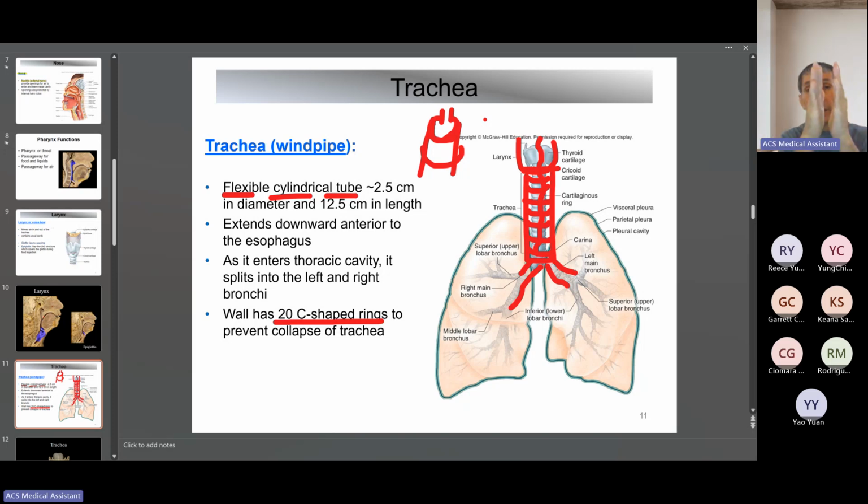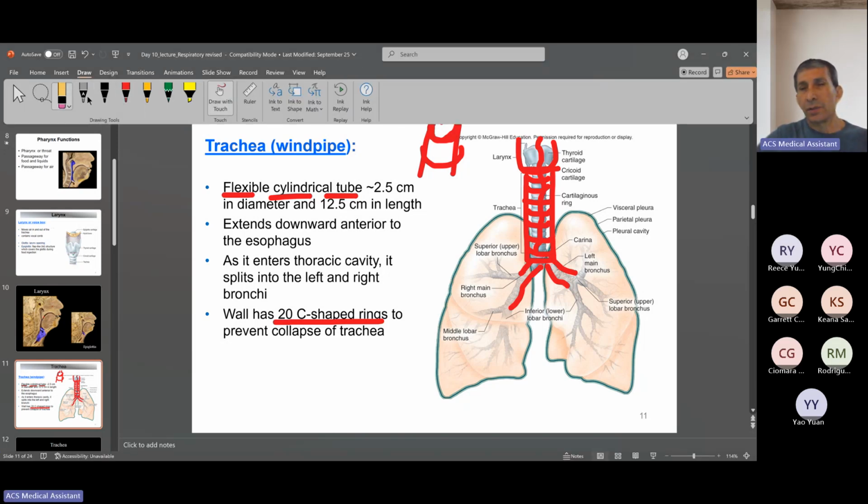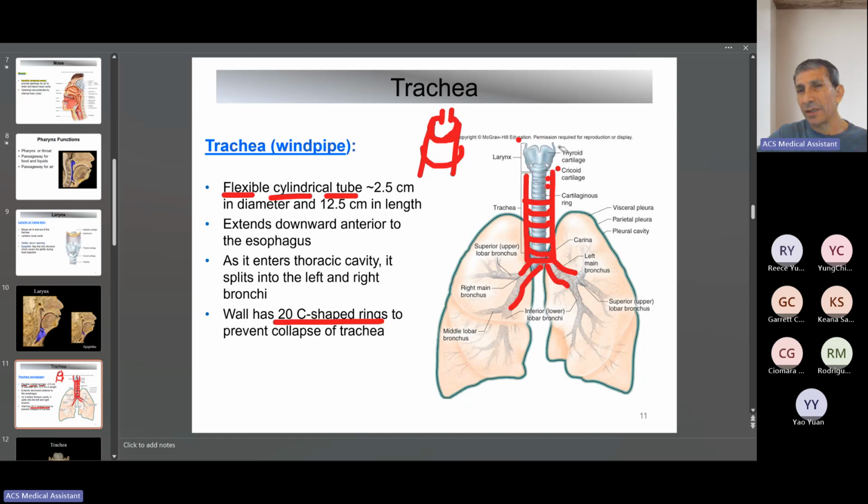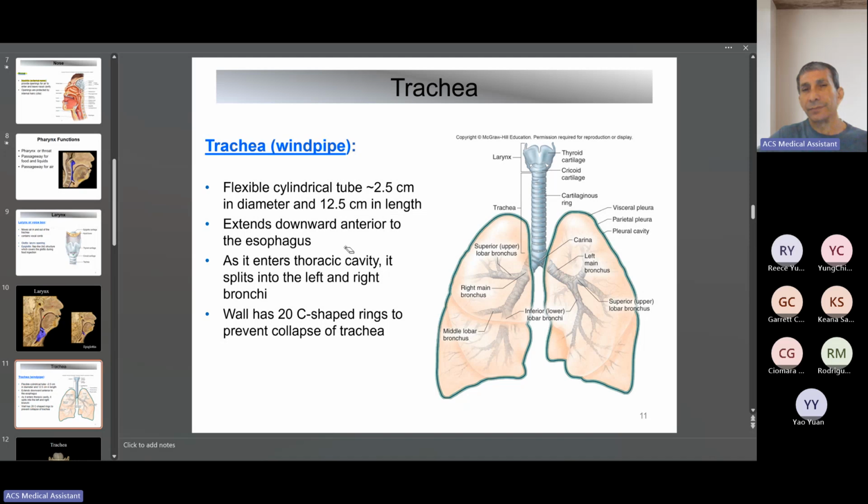And when not eating or drinking, it becomes narrower. So that's basically what it is. It is very important that we have these rings. So this trachea has the rings. Later on, we're going to talk about other structures that have these rings as well, and which do not have these C-shaped rings surrounding the cylinder or these tracts.